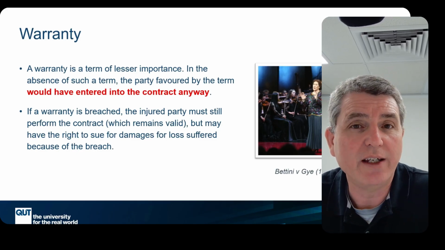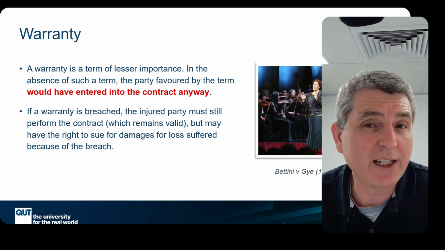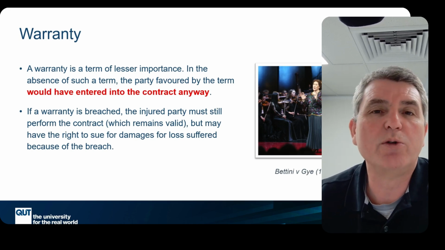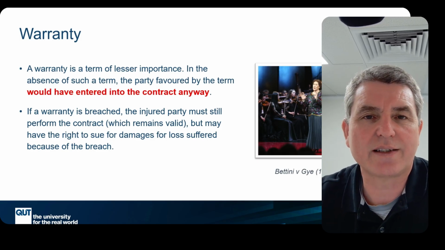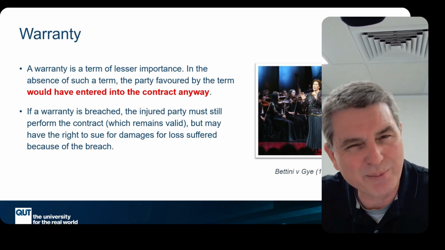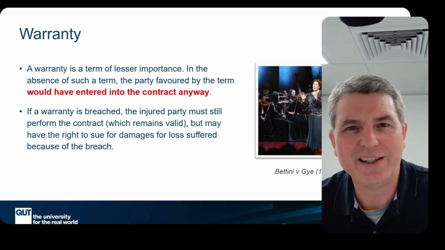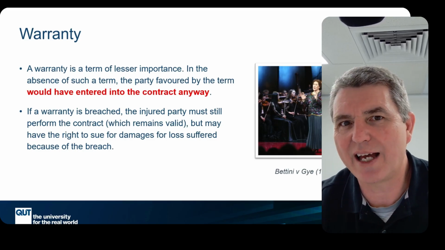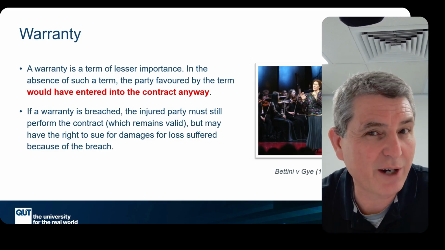A warranty simply means a term of lesser importance. And really, that's where the normal use of the word warranty, this extended repair option, comes from, because you're probably going to buy the fridge anyway. So the additional warranty that came with it is of lesser importance than the appliance that you're actually buying.